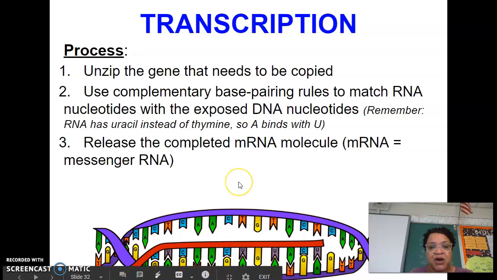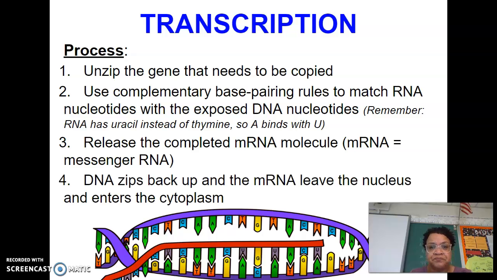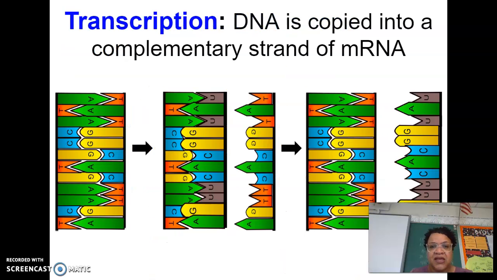And then the last part of transcription is to release the completed messenger RNA molecule from DNA. DNA zips back up, and then the messenger RNA is allowed to leave the nucleus. So again, transcription, DNA is copied into a complementary strand of messenger RNA.